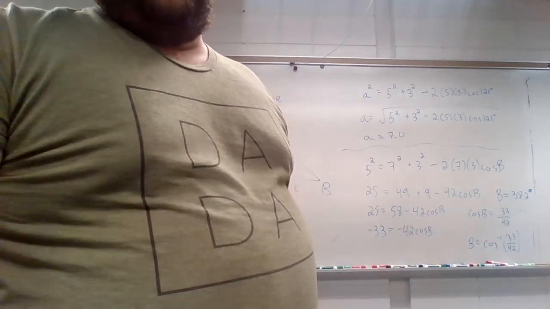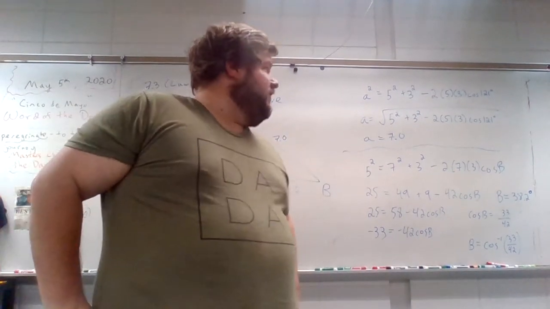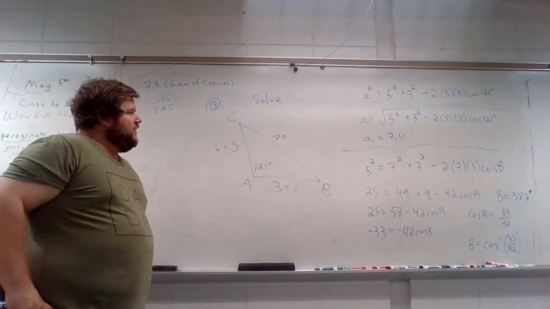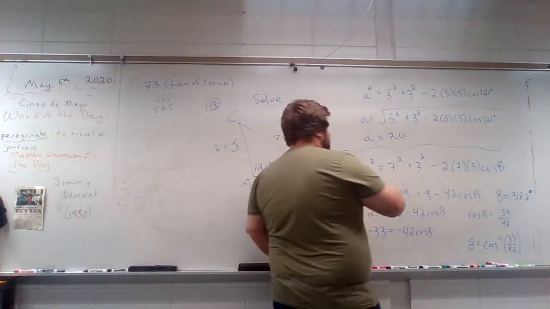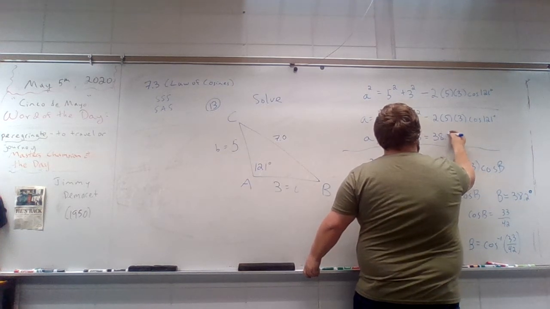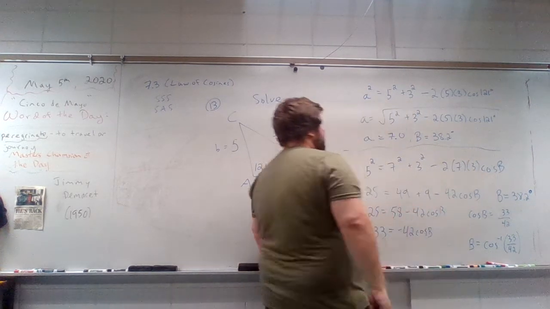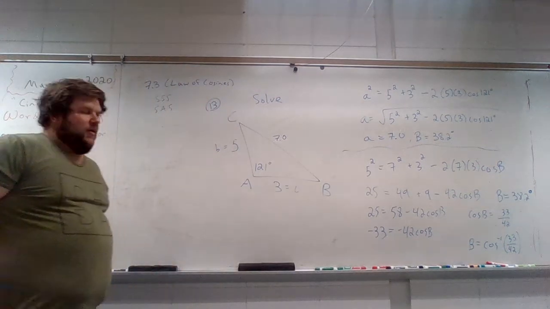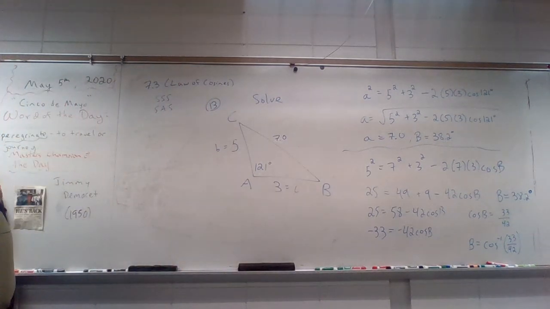Now, let's go through and use the sine and then talk about which one of those would be better. Let me write this and we'll do the other method and see which one's closer. Talk about which one would be better in this one. Okay.